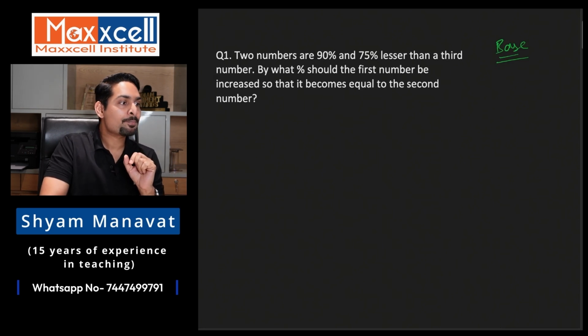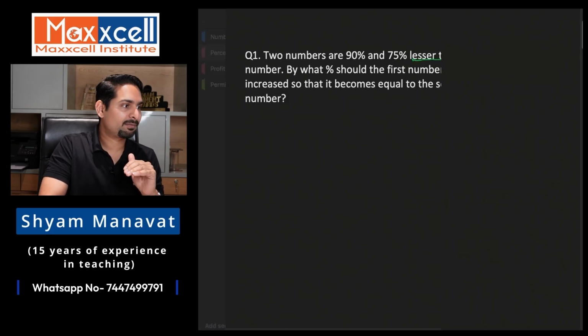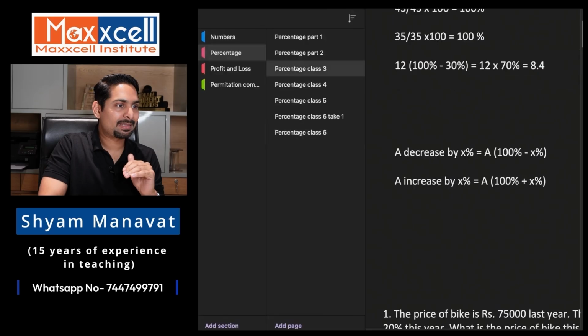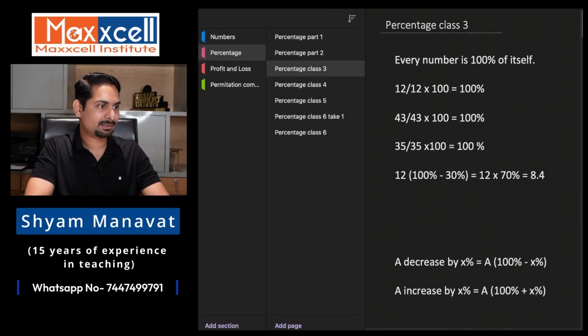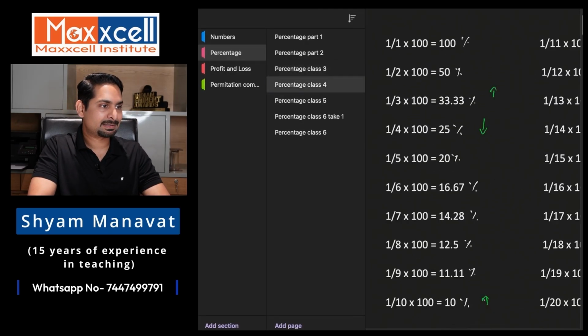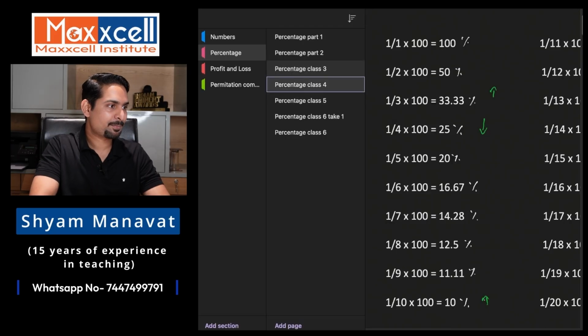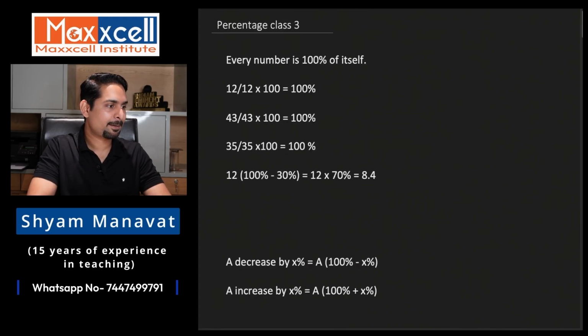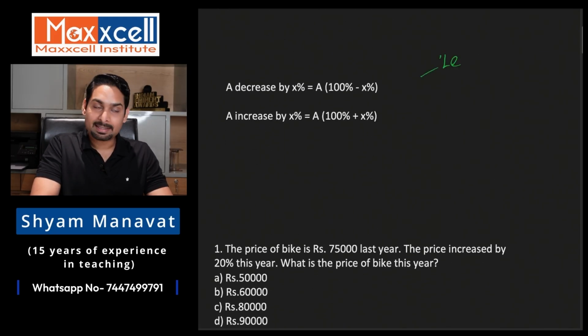So here you can see two numbers 90% and 75% lesser. So they are less. What have we learned in previous lectures? Let's see where we have seen the concept of percentage less. It must be this class 3, increase or decrease.